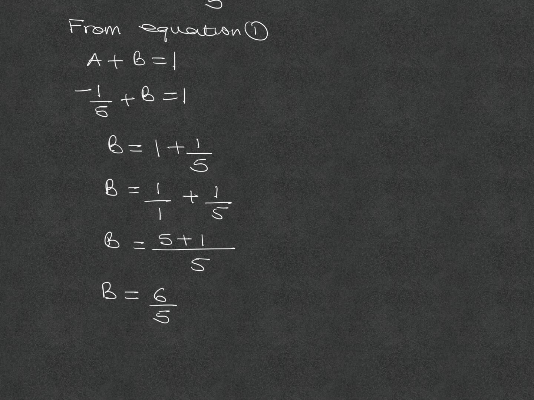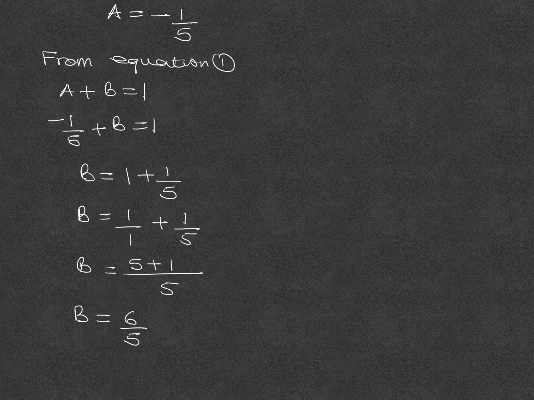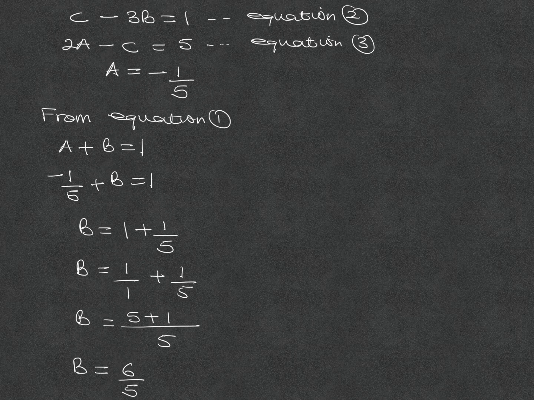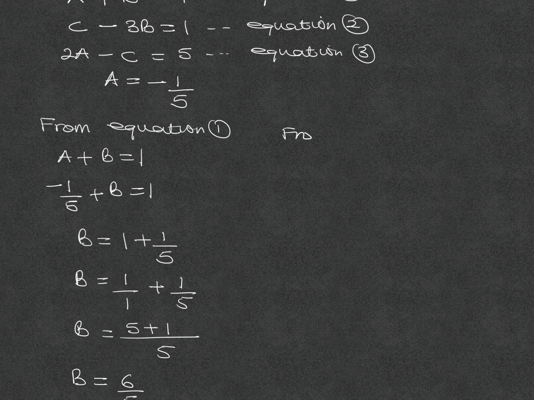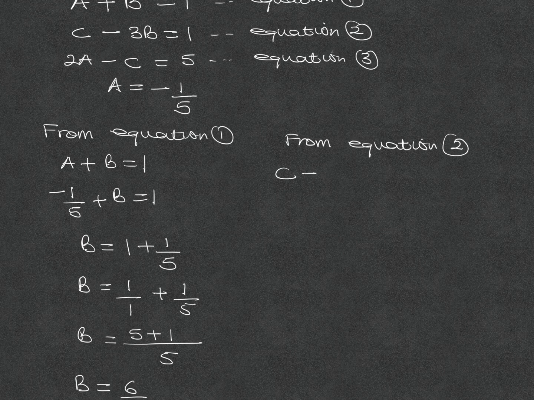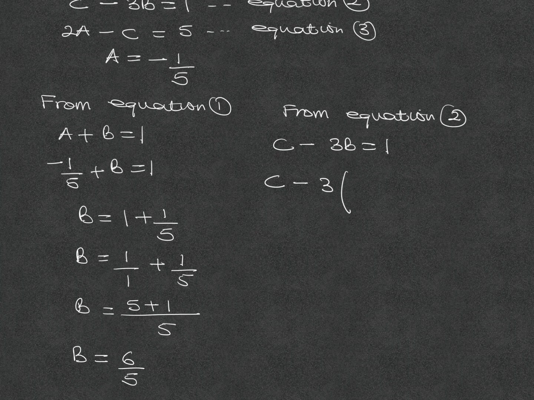Okay. And again, from equation 2, we've said that c minus 3b is equal to 1. So that is c minus 3 into b, which is 6 over 5, is equal to 1.